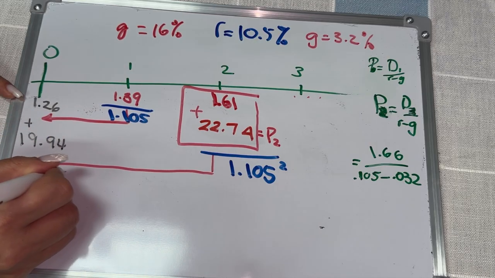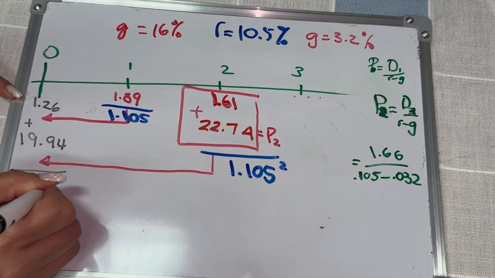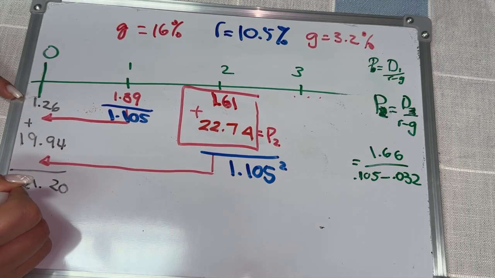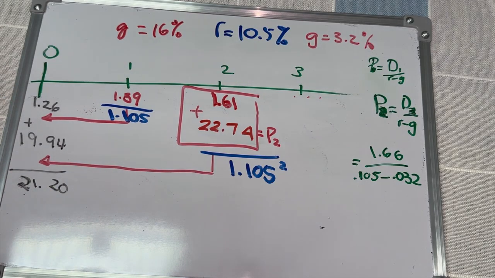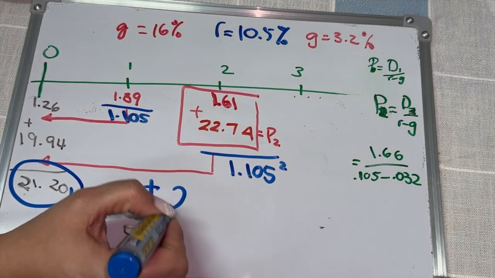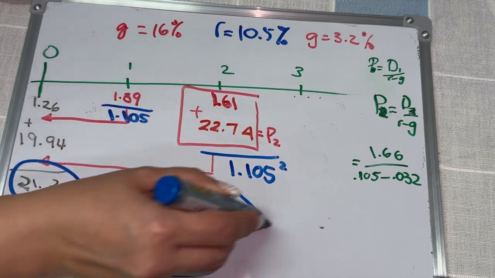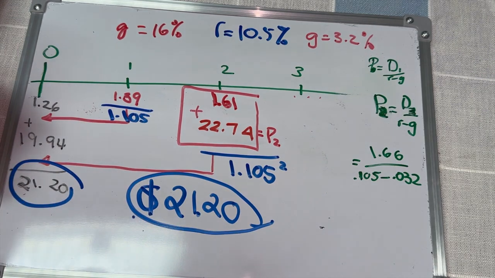If I add these two together, then I will get that the share price should be $21.20, and that is my final answer. So the final answer will be this over here. The value of this share should be $21.20 due to the variable growth.